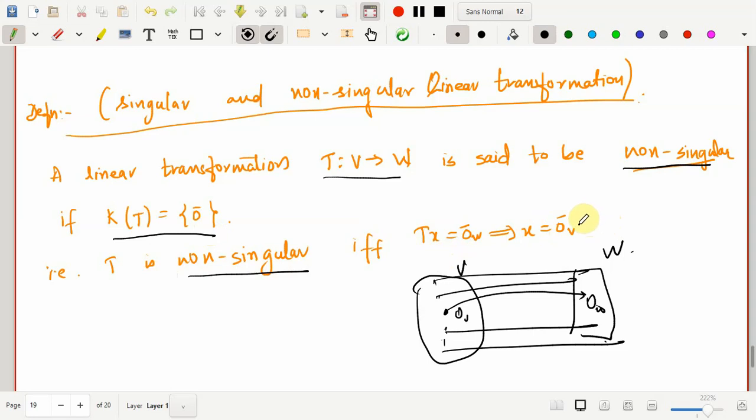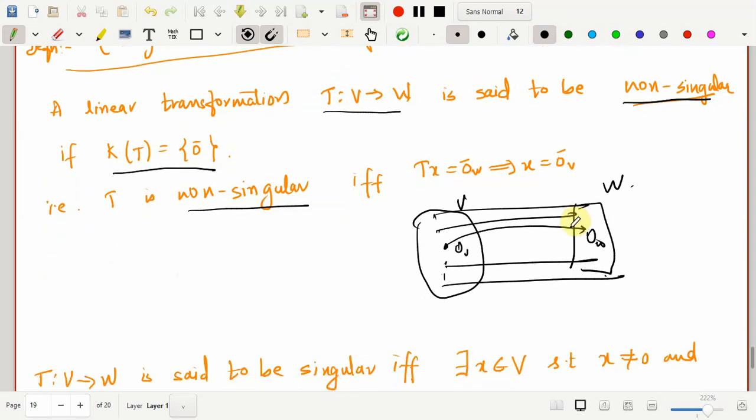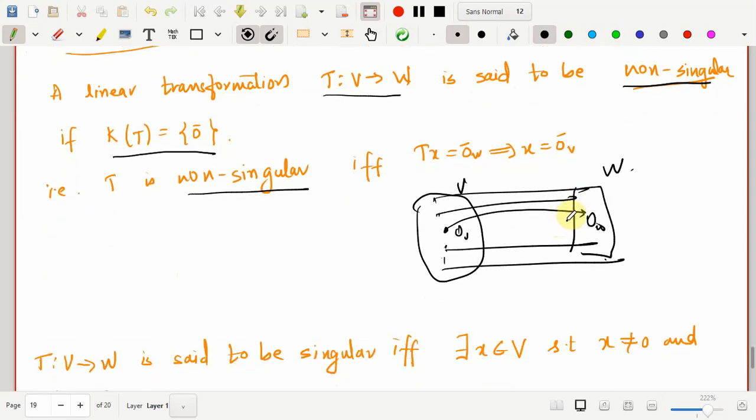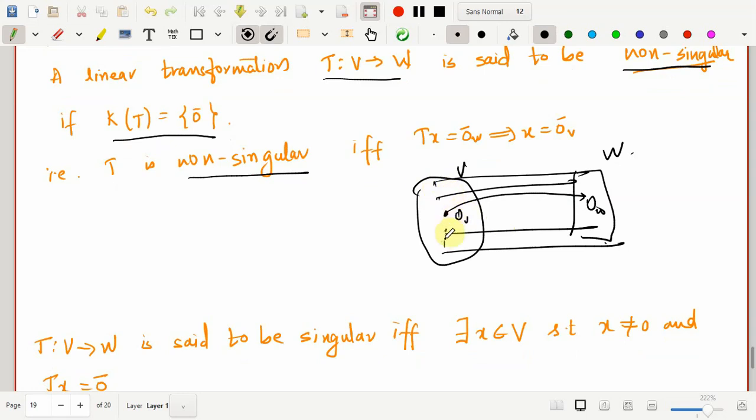Okay. So what should a singular transformation be now? When can we say that it is singular? If it is not non-singular, which means that I can find a non-zero point which maps to 0.